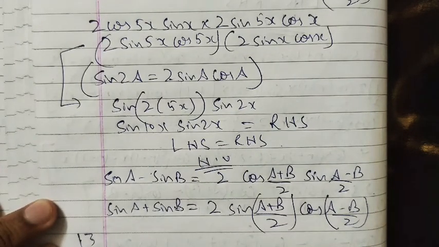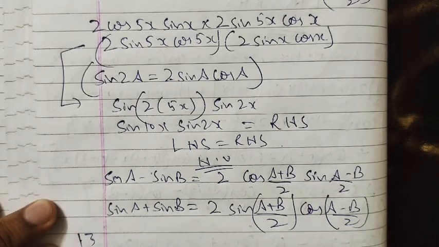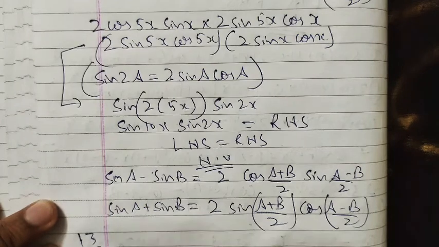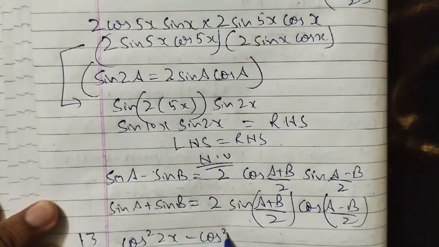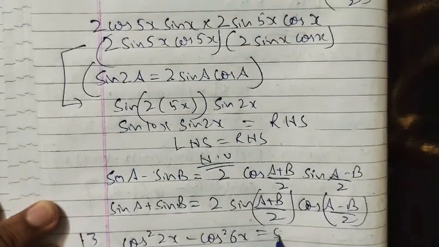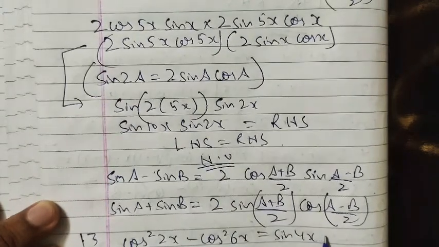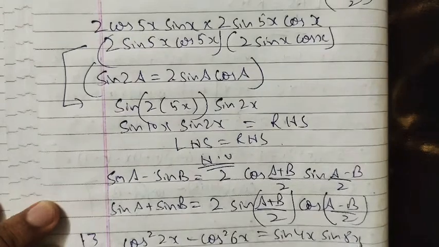Okay, so next, question number 13. This question is exactly the same. Cos²2x minus cos²6x is equal to sin 4x sin 8x, right?